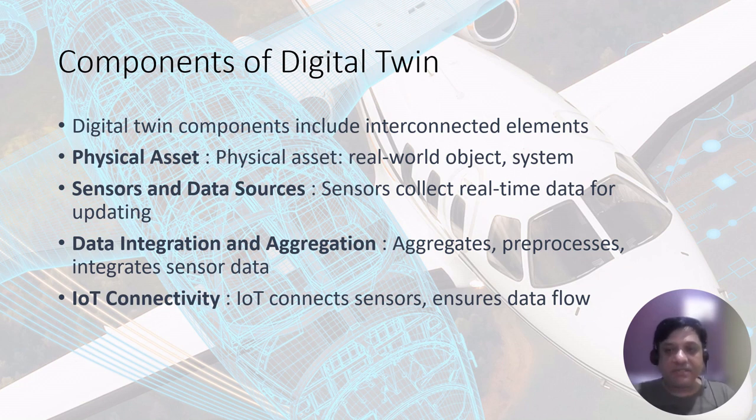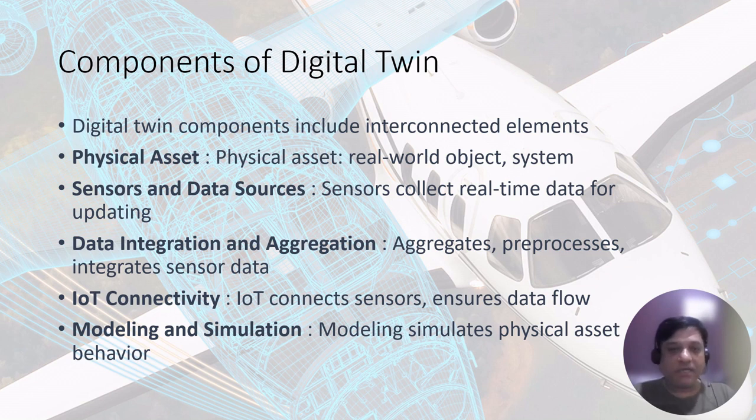The next is IoT connectivity. The Internet of Things connects the devices and networks with the sensors and other data sources to the digital twin platform. This enables the continuous flow of real-time data.